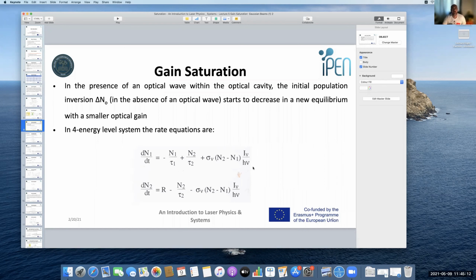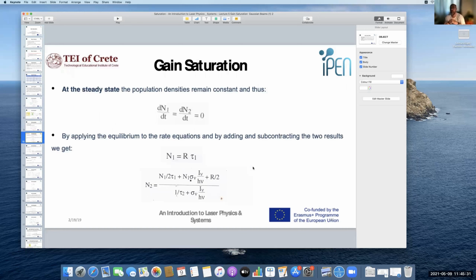Now, regarding the gain saturation, when using Einstein rate equations, we study them at the steady state condition. Why? Because it's easier mathematically. We set these two derivatives to zero and try to reach some conclusions.